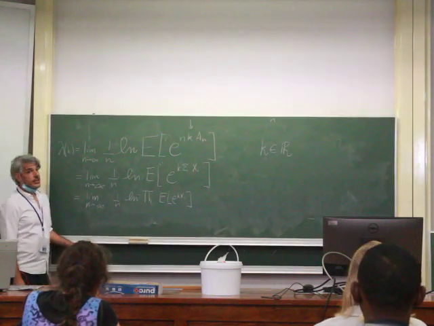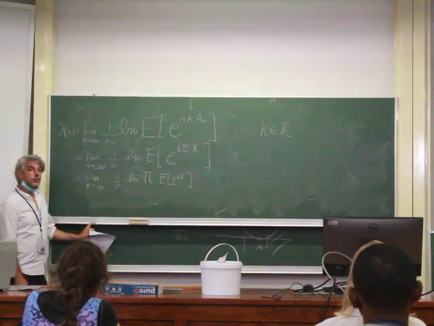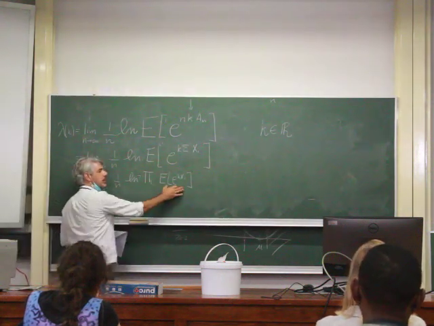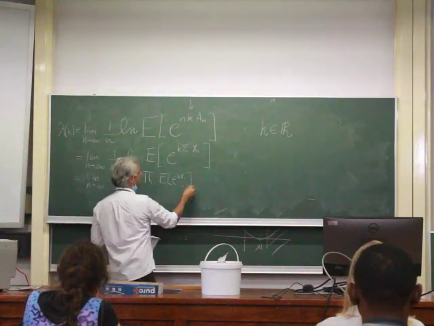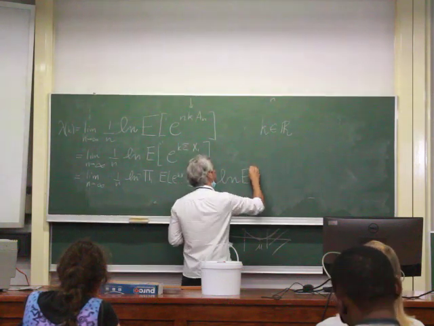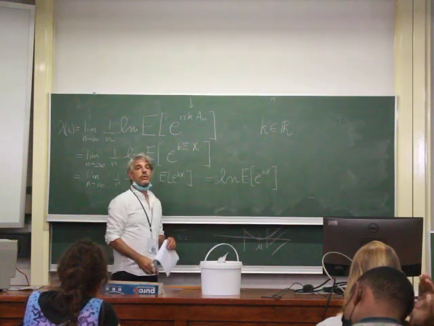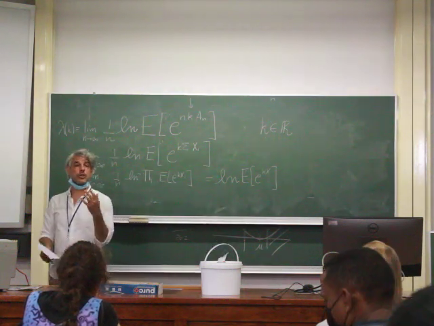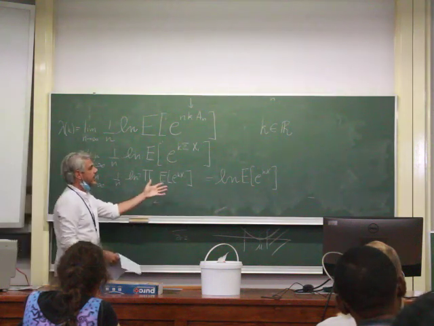The log of the product is the sum of the logs, and since they're identically distributed, this expectation is the same for every i. So at the end the limit disappears, and I get a single expectation for a single random variable. They're all identically distributed, so the cumulant is the same for each random variable.